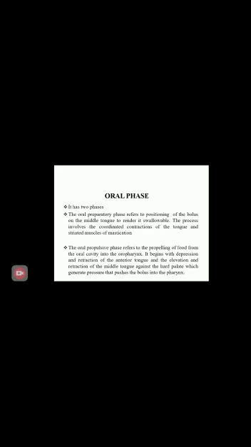While the oral propulsive phase propels the food bolus, after it has been positioned in the middle of the tongue, into the oropharynx.